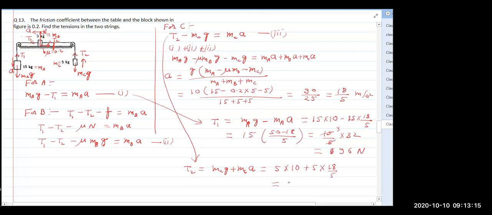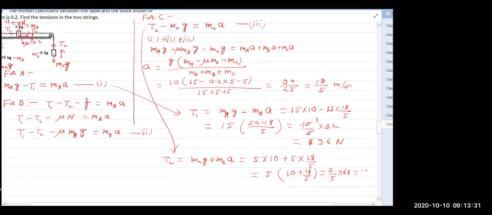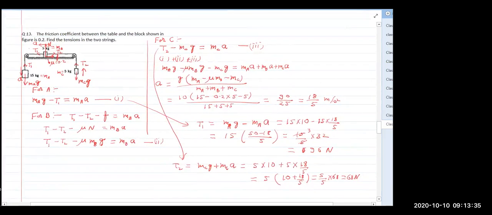So it will be 5 into (10 plus 18 by 5), which is 50 plus 18. Okay, so we are getting 68 Newton. In this way we can calculate the tension in the two strings.